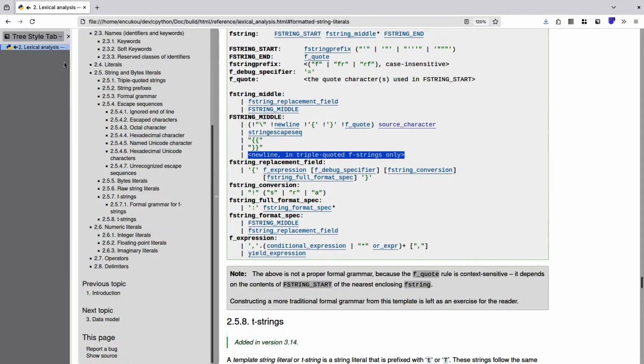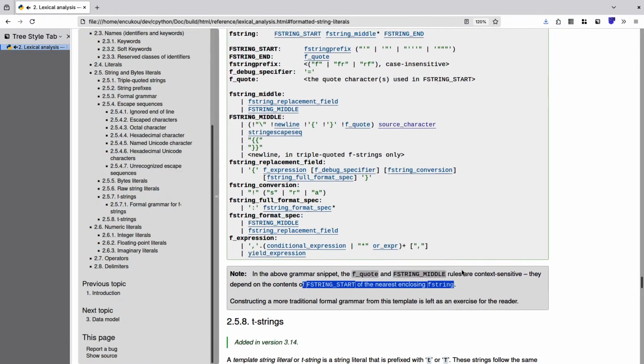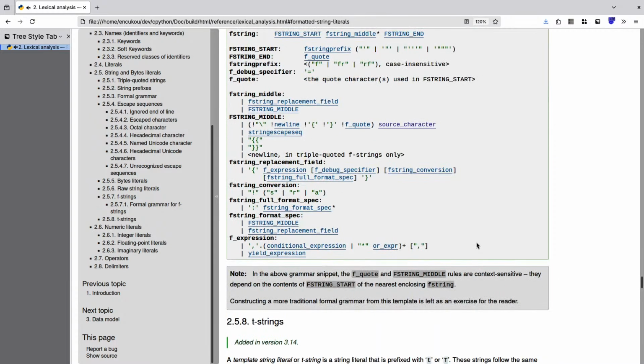Okay, right. They depend on, and here I describe the exact semantics. And a more traditional formal grammar, I guess it's a term that is not incorrect pedantically.